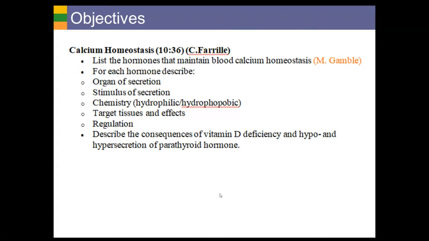If calcium levels get too high or too low, your nervous system can become hyperactive, or you can actually go into a coma and possibly die. Calcium levels are important for blood clotting. They're also important for muscle contraction, including that of the heart. So calcium levels are maintained in a very narrow range by the human body.